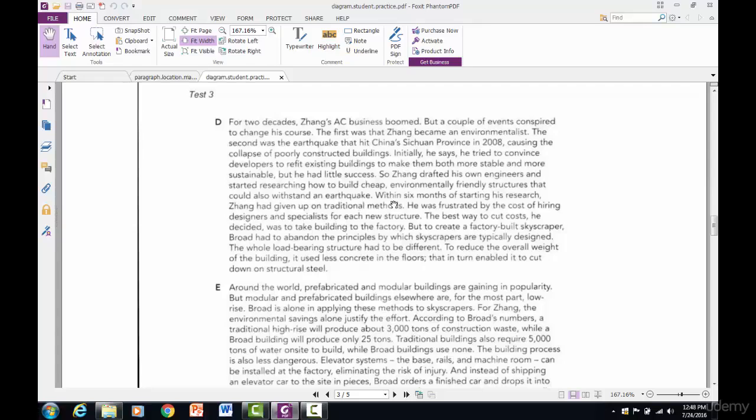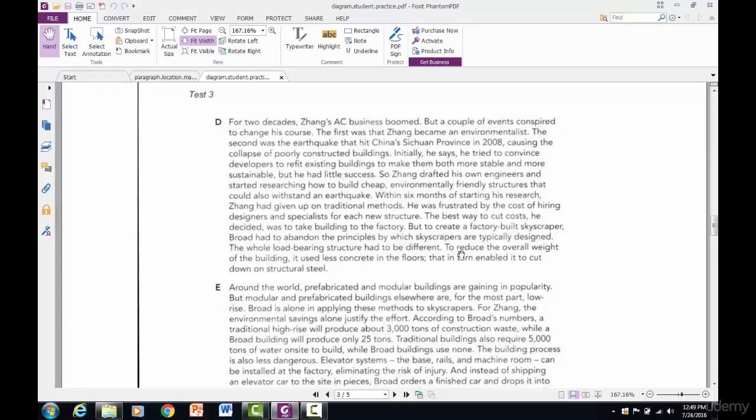Okay, we're getting close. All right, it says six months of starting his research, Zonka giving up traditional methods. Traditional is similar to the word conventional, but I still have to find the language that means the same as less. Here we go. All right, it's in this last sentence right here.